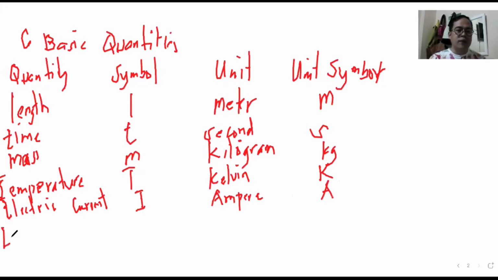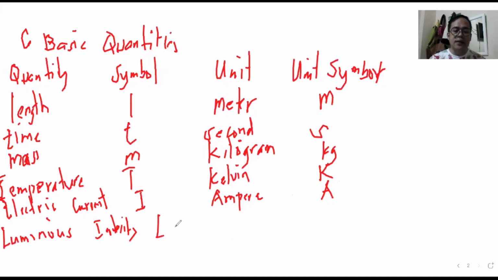And the last one for physics is luminous intensity. This luminous intensity measures the brightness of a certain luminous object. What are luminous objects? These are objects with the ability to produce their own light, like your candle, your light bulb, your fluorescent lamp at home. The sun is an example, fire is an example.